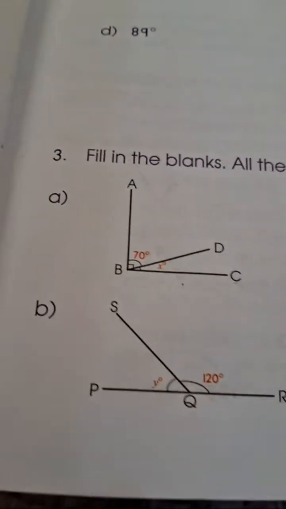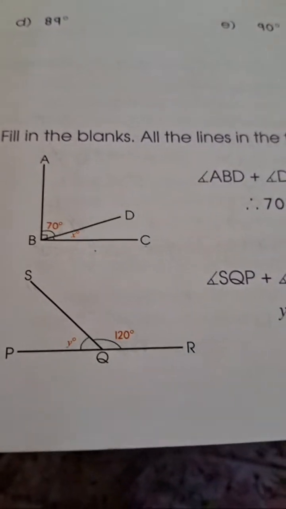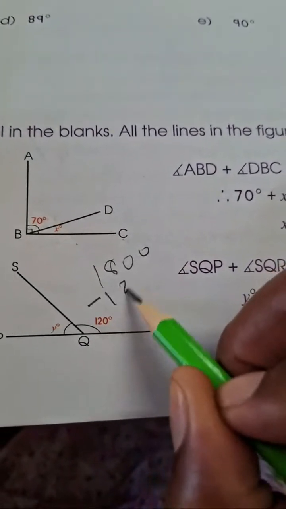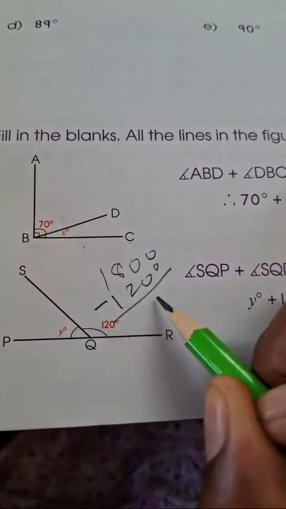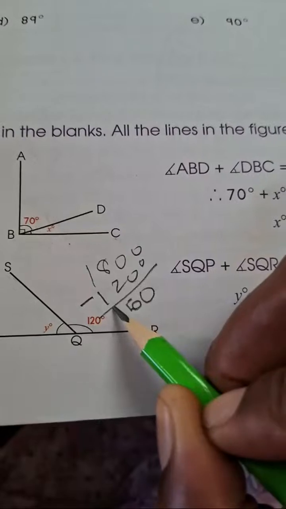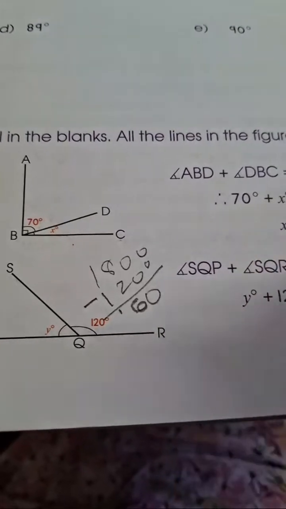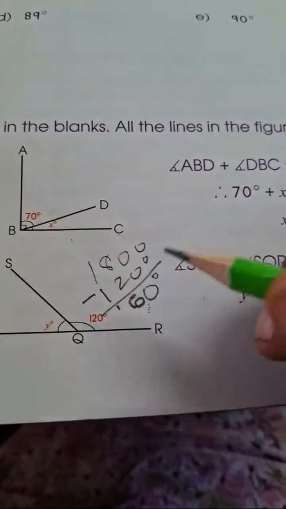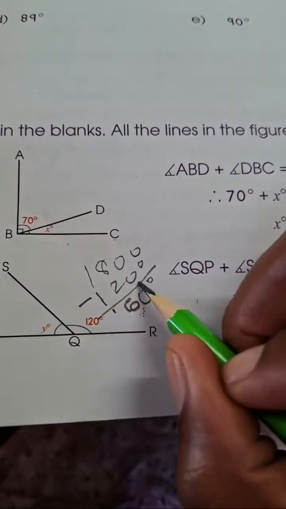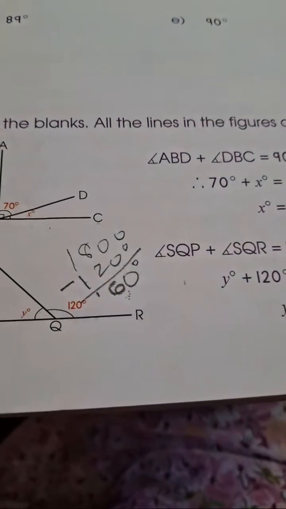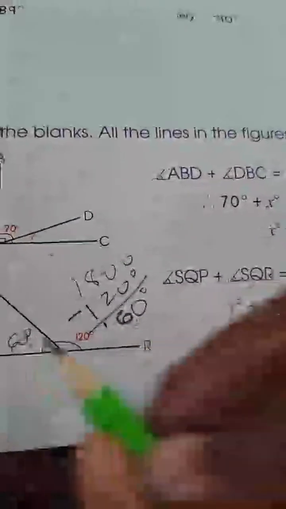Let me show you: 180 degrees, and you take away 120 degrees, you are going to end up with 60 degrees, because 60 plus 120 gives you 180. Alright? So angle Y is going to be 60 degrees.